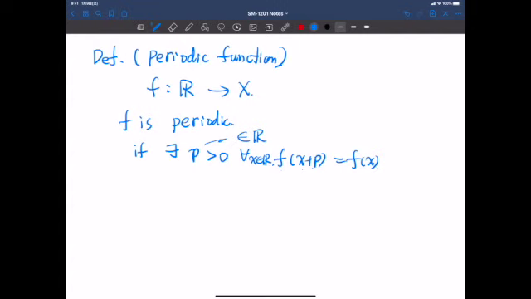So in this case, the period is p. So p is the period, or a period maybe. Not the period, but a period of f.